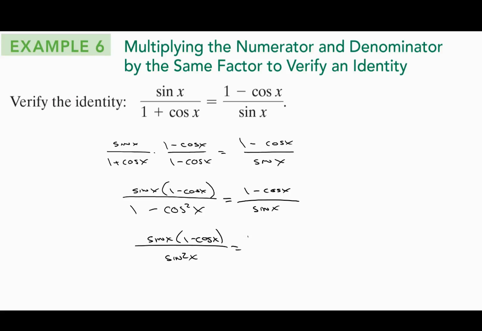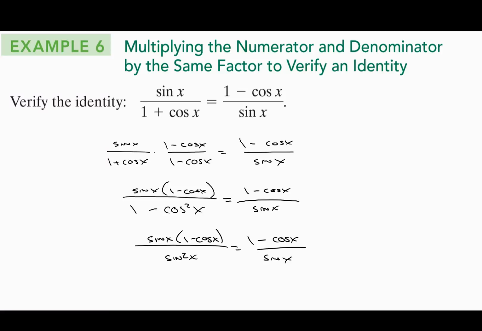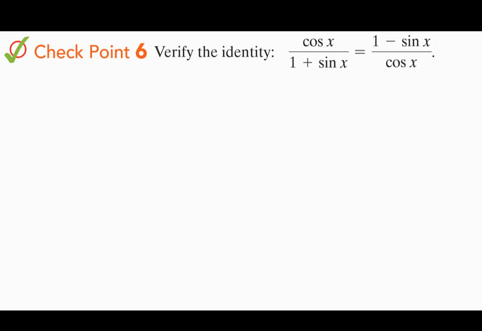And now we can cancel one of these with this one, and we're left with 1 minus the cosine squared over the sine. And that is now a verified identity. Okay.